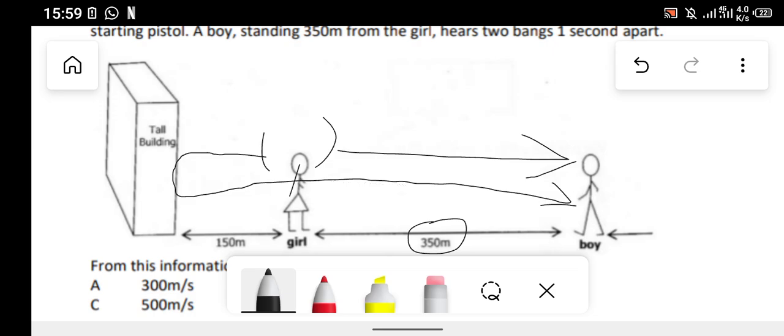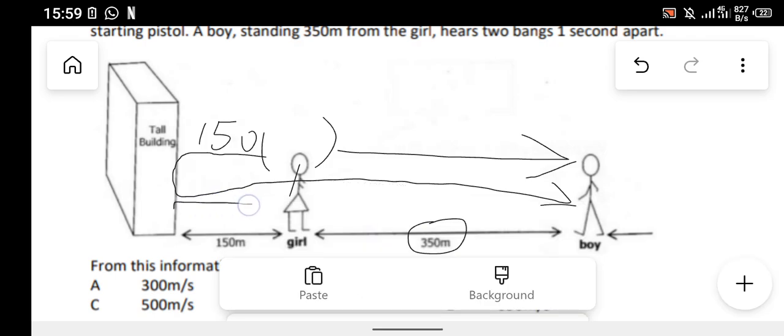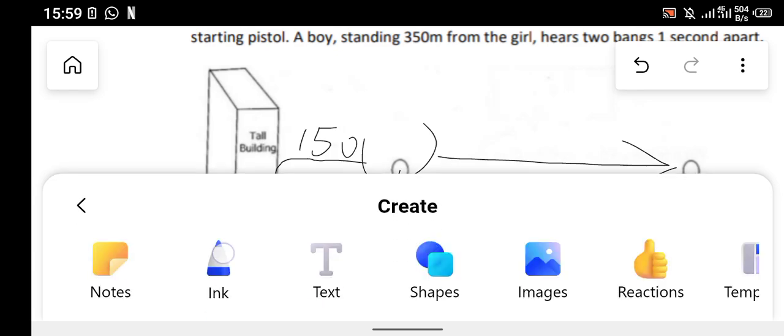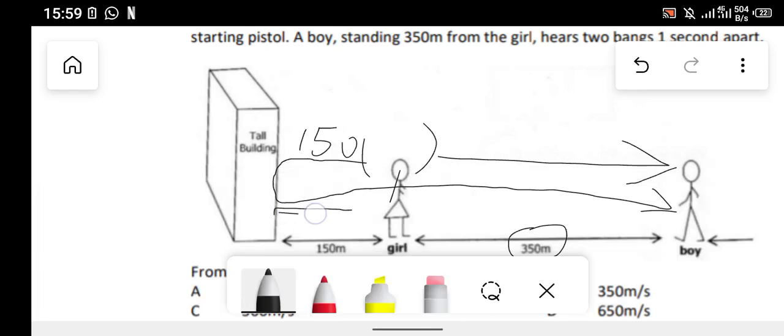For the reflected sound, the first part of the distance is 150 meters, then we add this 150 here plus this 350.